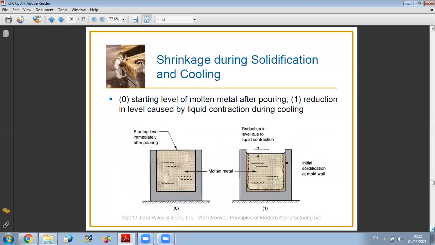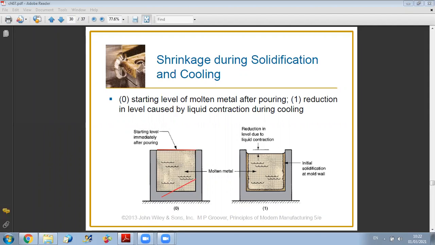Now, let us talk in detail about shrinkage. Shrinkage will take place whenever we cool our metal. First, at the starting level of molten metal after pouring, as you can see, at the first stage, you have complete liquid, 100% liquid.